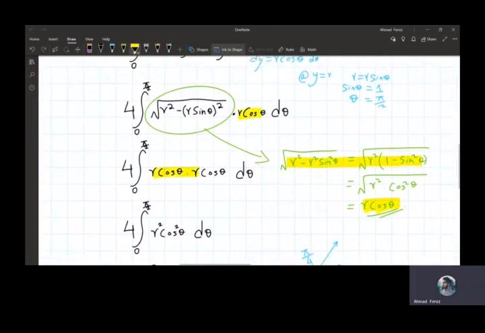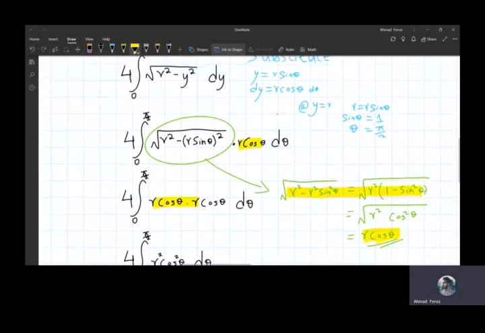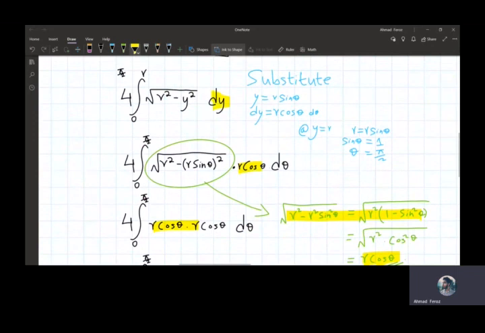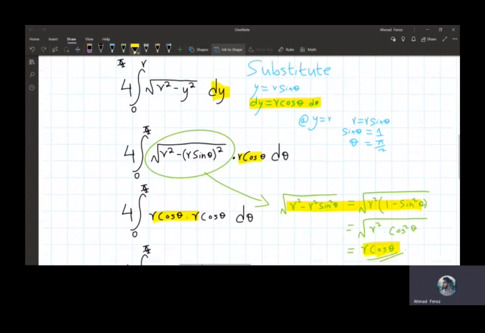And since we already had an r cos theta over here, in order to change dy to d theta, we need to find it from here. dy is equal to the differentiation of sine, which is cos, so r cos theta d theta. That's why we replace the whole thing over here.